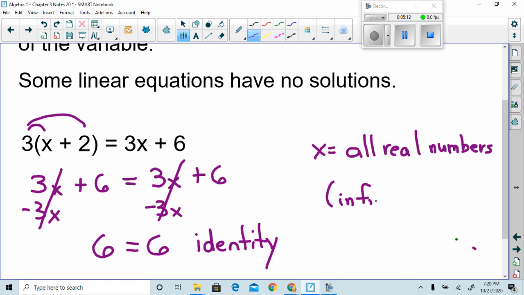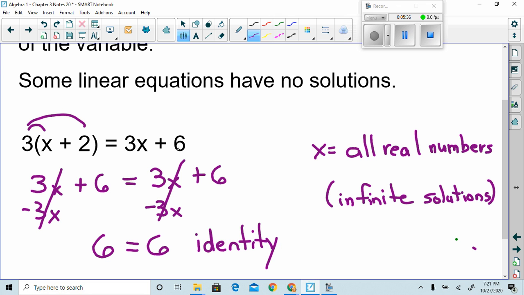You can write either one, but you need to tell me that you know that there are infinite solutions to this problem. And what exactly does that mean? That means I can pick the value of 2. Well, 2 plus 2 is 4, and 4 times 3 is 12. And 3 times 2 is 6, and 6 plus 6 is 12.